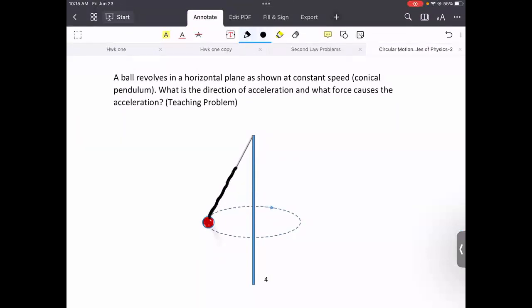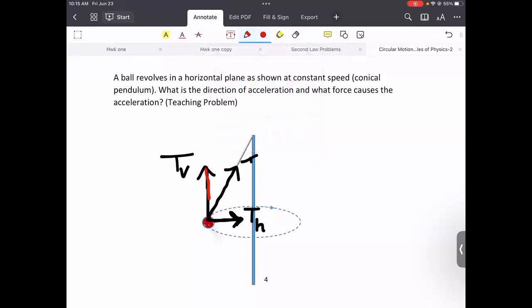So there's tensional force here, T. And then we can break down tensional force into a component that is along the plane of the circular path. That will be tension in the horizontal direction. And then there is also a component upward, this one, that will be tension in the vertical direction.